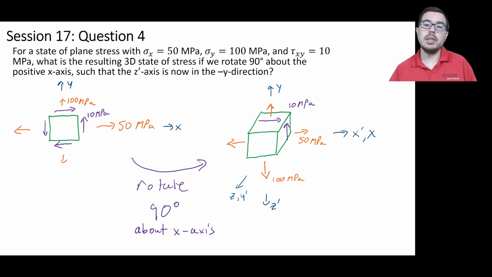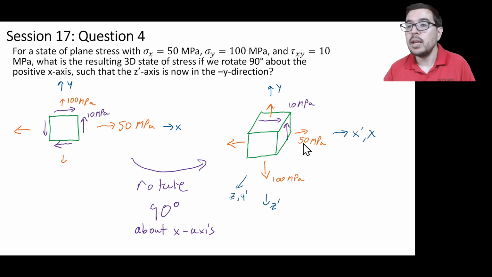And the question is asking us to describe the state of stress in this new x prime, y prime, z prime coordinate system. Now, the nice thing about rotating about an axis by 90 degrees is the stresses do not change, but the way we refer to them does.